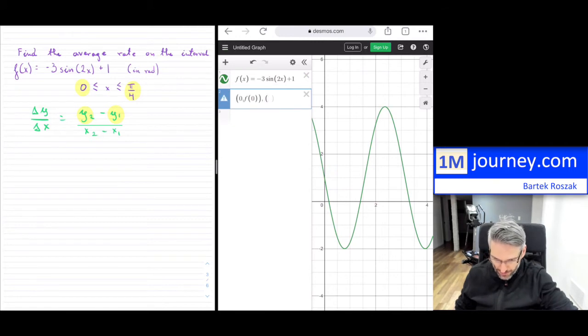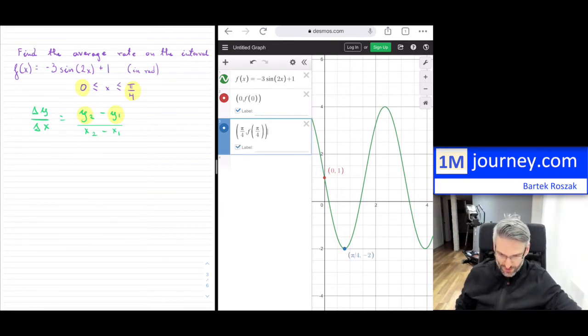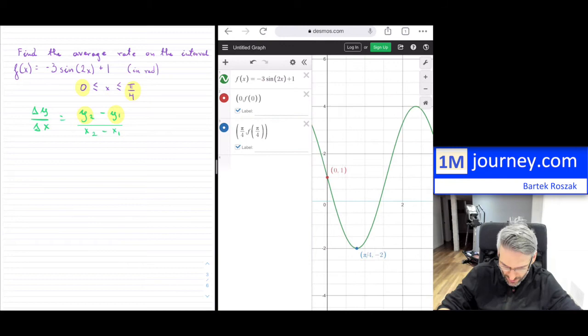And then we can plot our second point. Okay, we'll label that. Let's say this was pi/4 and f at pi/4. All right. So that's that. We can label this. So those are the 2 points that I have there.